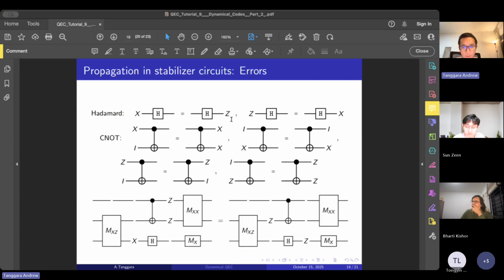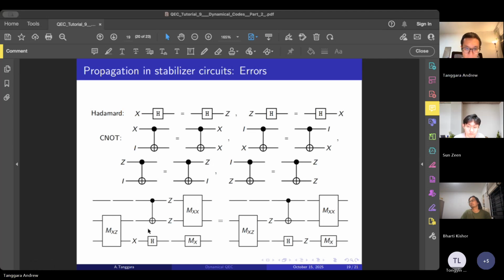So if we look at this simple circuit, say I have this X error here. This M denotes measurement. So this MXX is a two qubit measurement on these two qubits, and this MXZ is another two qubit measurement, with X on the top register.